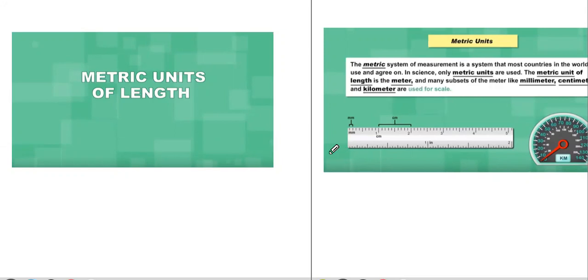Okay, look at this scale. Where is the millimeter? This is a millimeter. And where is the centimeter? Let's say, as an example, from 1 to 2, this is a centimeter. And how do we measure the kilometer?